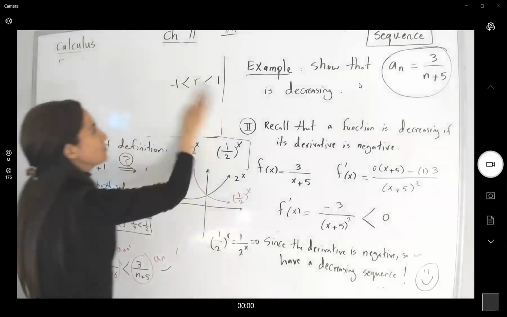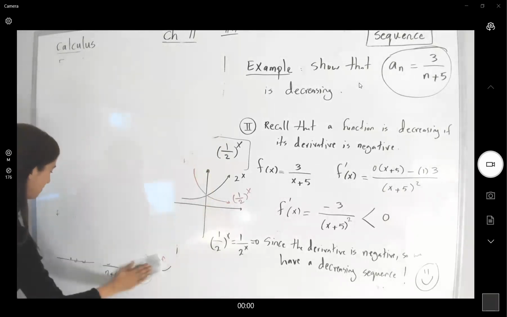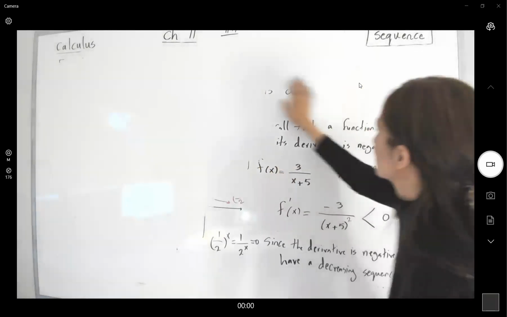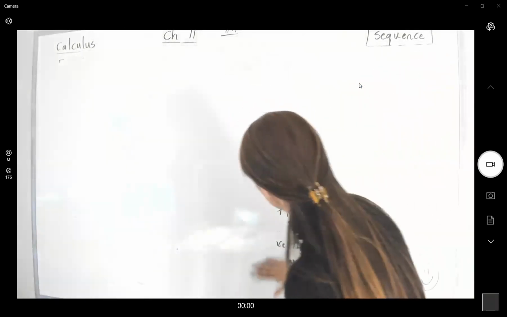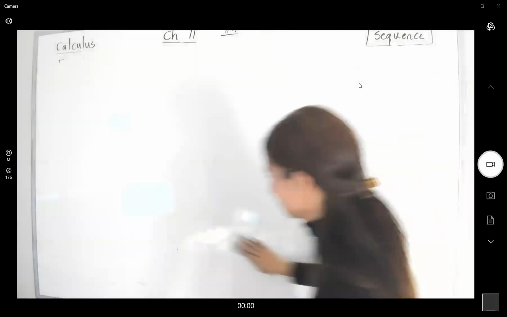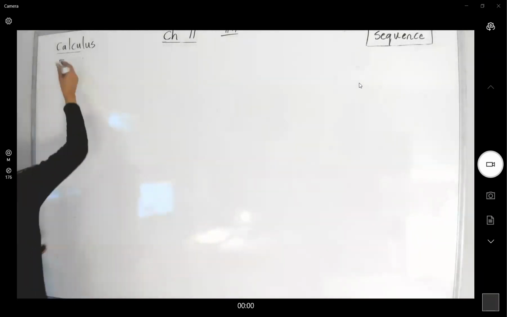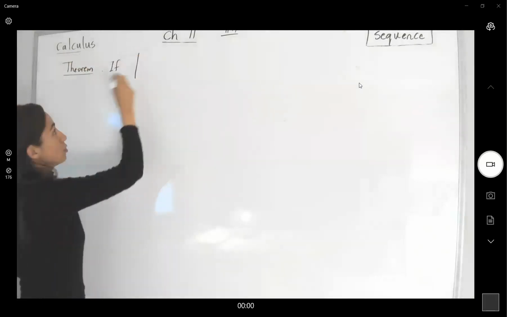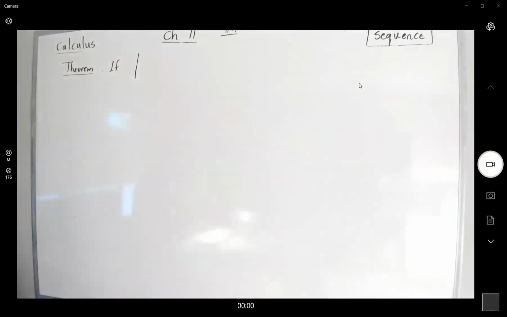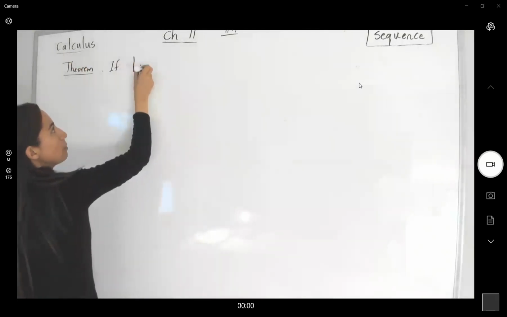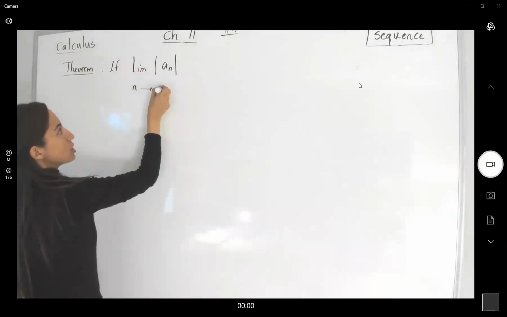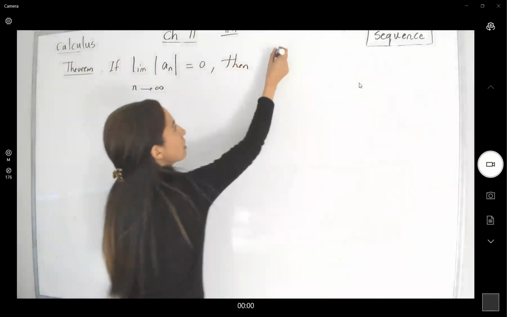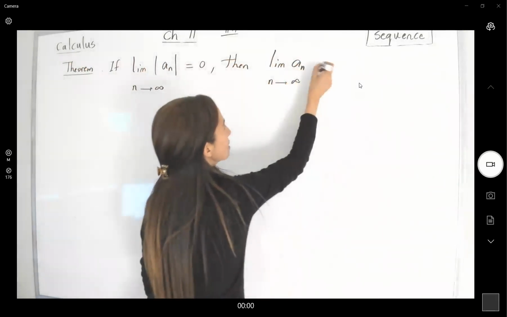Two theorems. The first theorem says, if the absolute value of a sequence, when you take the limit of the absolute value as n approaches infinity, is equal to 0, then we can conclude that the limit of our sequence is also 0.